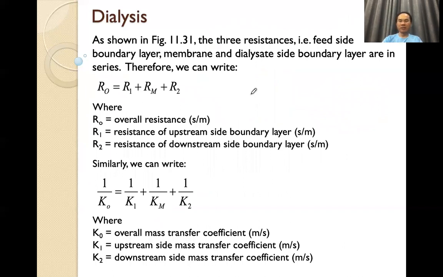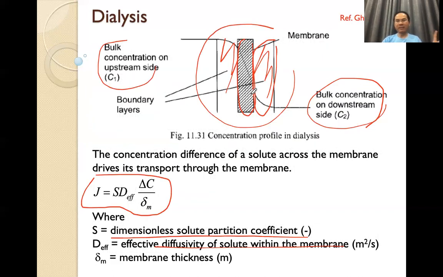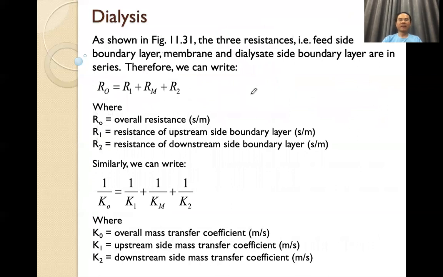And from this slide, we have three terms of resistance to mass transfer across the membrane: the film upstream, the film downstream, and the membrane itself. We can represent the total resistance as RO equal to R1 plus Rm plus R2.